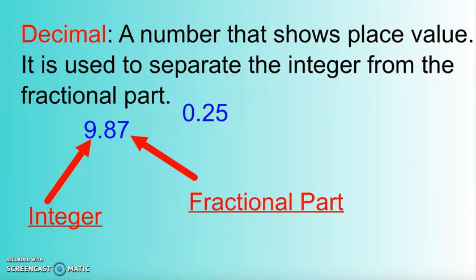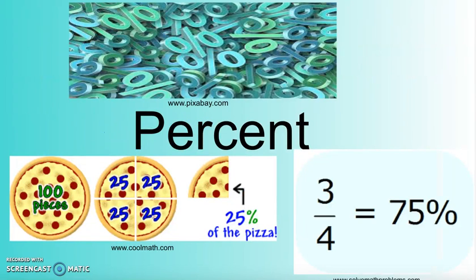Now, we've been talking about fractions written as decimals, and now decimals can also be written in a different form as well, and that form is called a percent, and that is our next term.